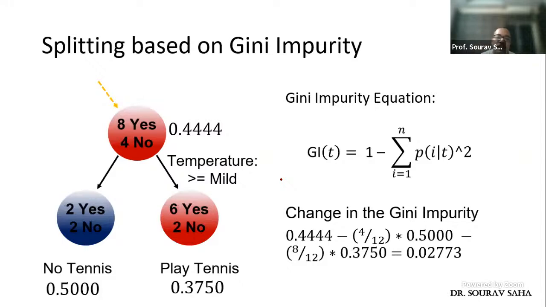But using this Gini impurity formula, we saw that if we use temperature, there is some reduction in the impurity that we are able to get. Like that, with all the different variables, we are going to calculate the change in impurity, and wherever the change in impurity is maximum, we'll take that particular variable for the split.